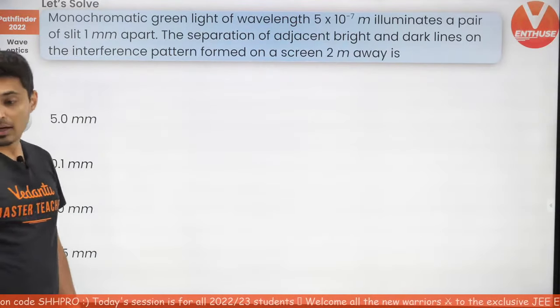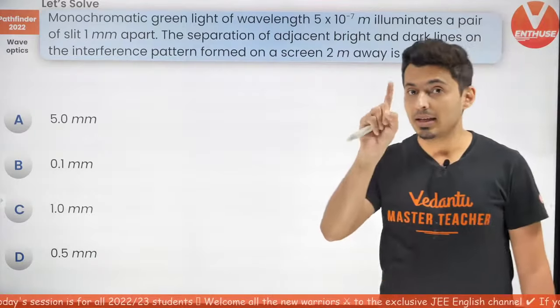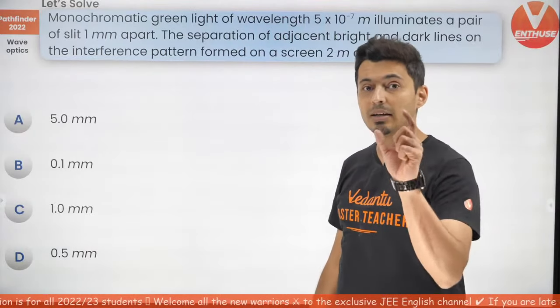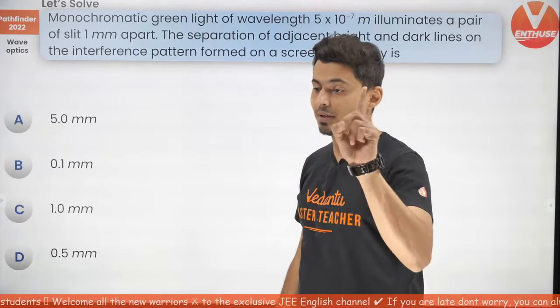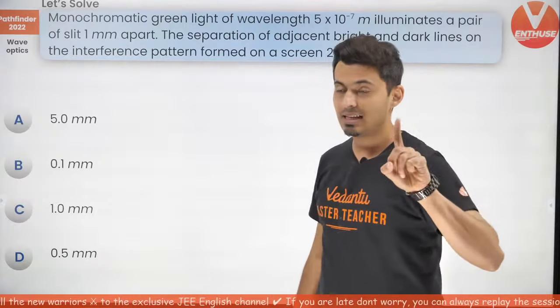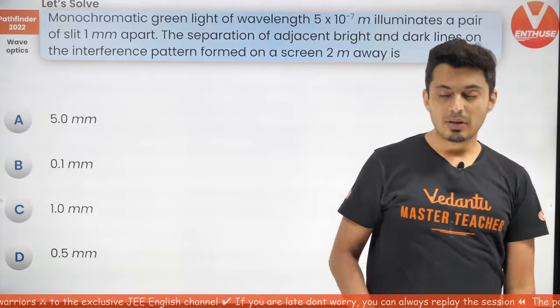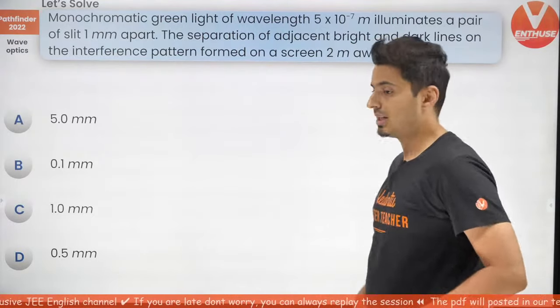And by the way, in the last class, lecture number 2 of Lightwaves, I have already given the formula. Path difference due to glass slab was discussed in lecture number 2, where I discussed general interference of waves. So make sure you check that video out.